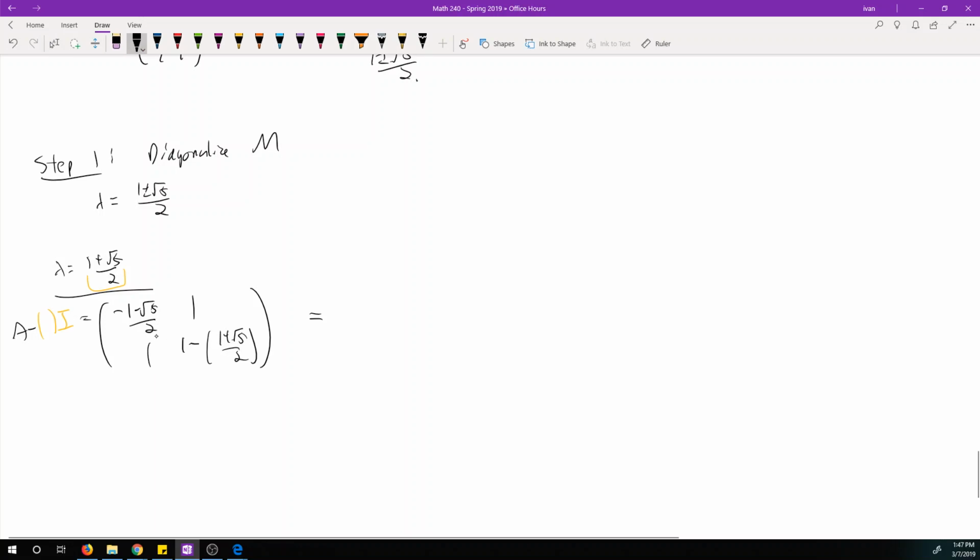Okay, so I think one of the eigenvectors you can do, so v1 here, the eigenvector, you can have 1, and you can just have the positive version of this guy as the second entry. So the 1 plus root 5 over 2.